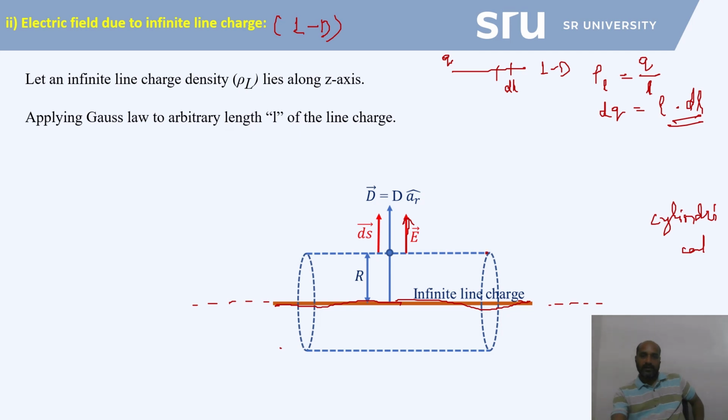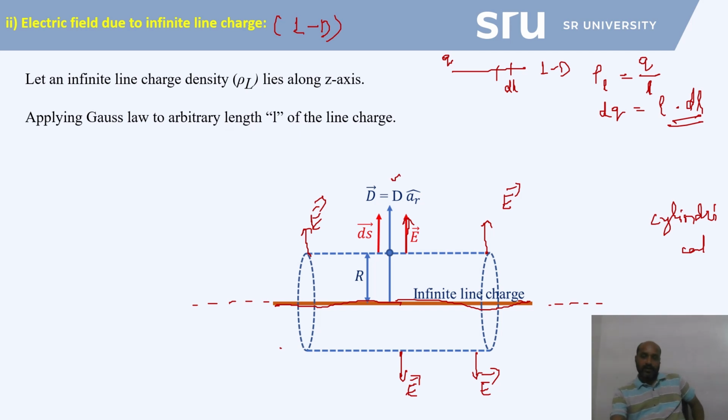Here this is E, and on another part of the surface, this is the direction, away from the cylindrical surface. This is the direction of the electric field, or you can say the direction of D.